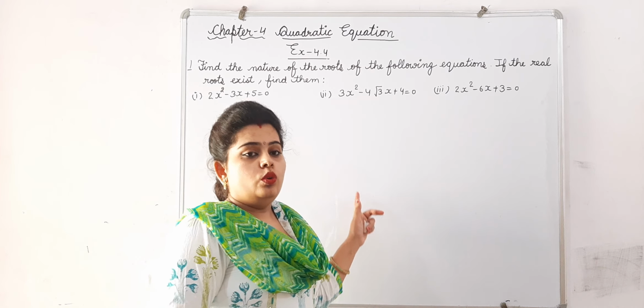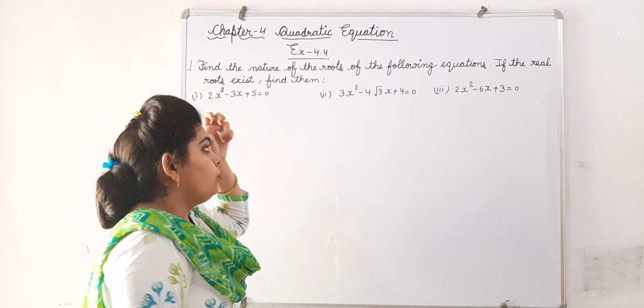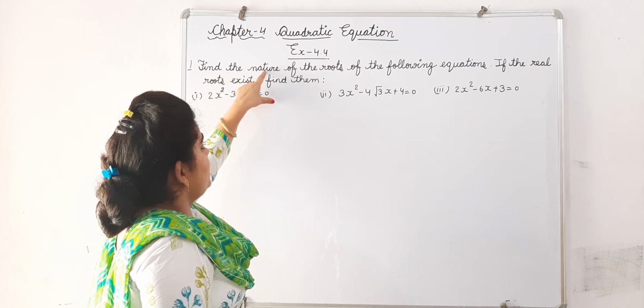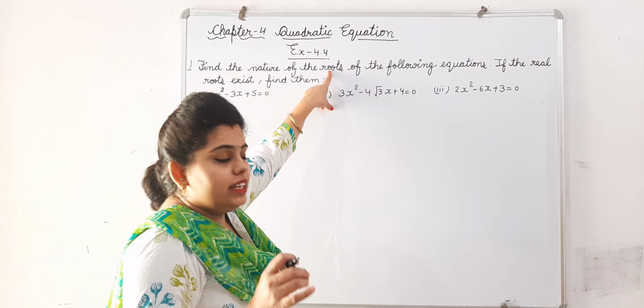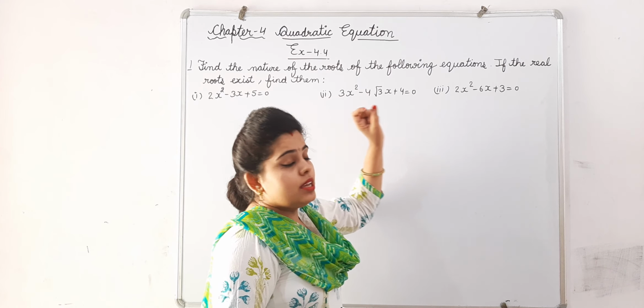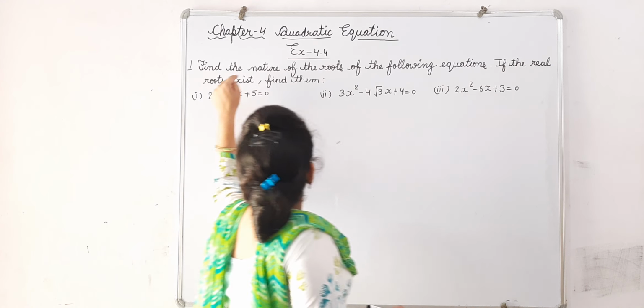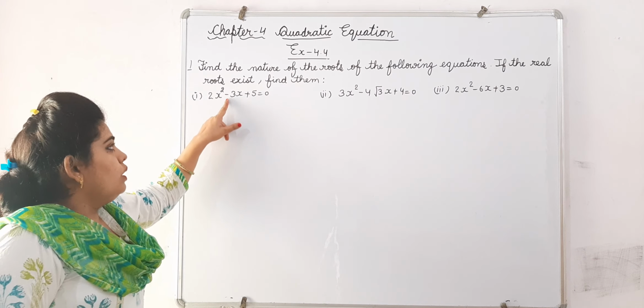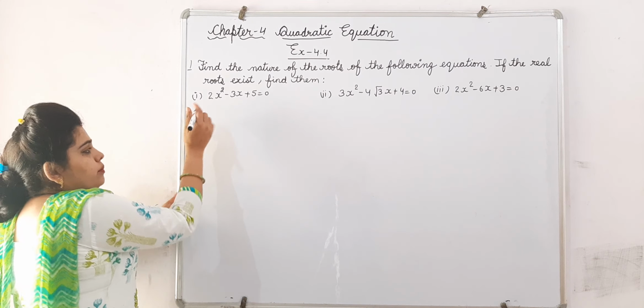Now let's do question number 1 of exercise 4.4. Depending upon the nature of the roots, we have to find the nature of the roots of these given equations, and if the real roots exist, that is if roots are real, we have to find them. So let's see its first part.